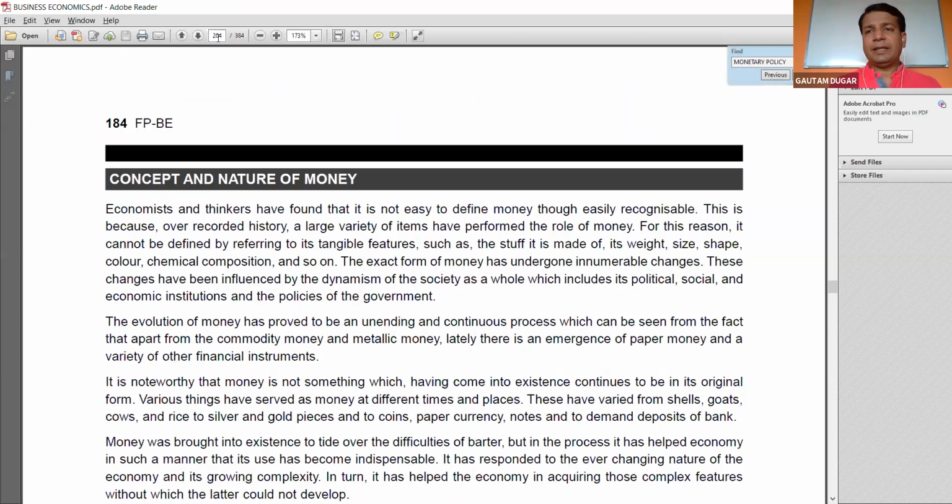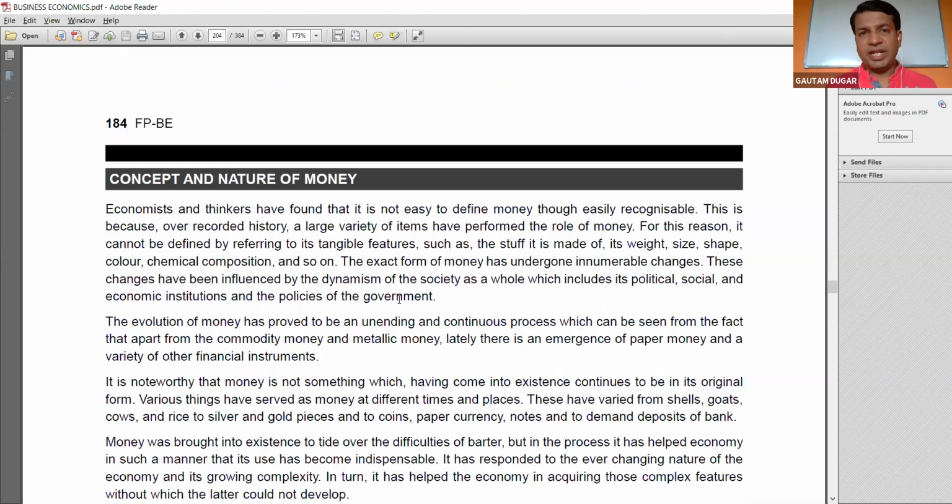So, in this topic on money in banking, we all perhaps know that money is what money does. The best definition for money, which is given, is money is what money does. Basically, there are four functions of money, and any commodity or anything which performs these four functions can be called money.